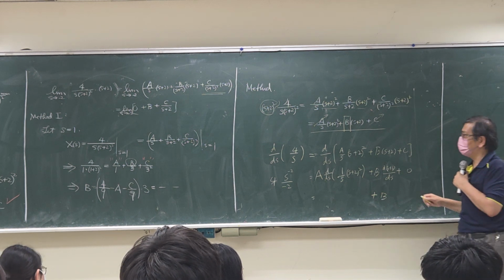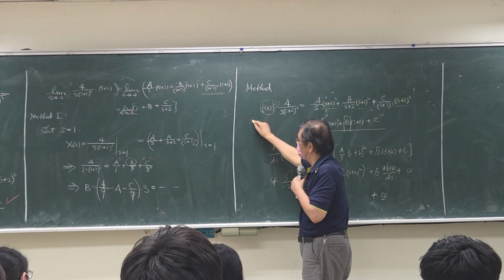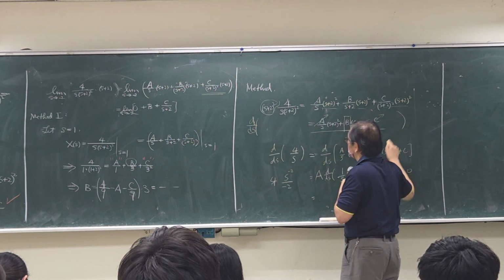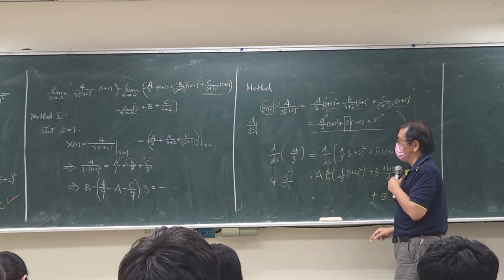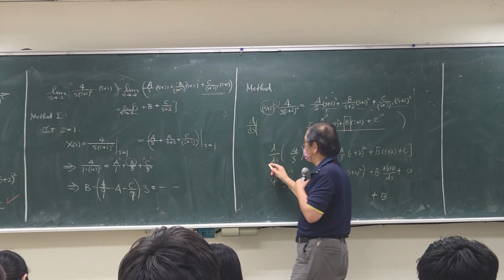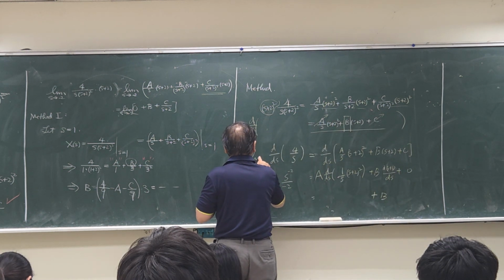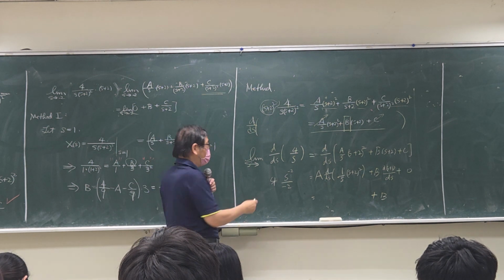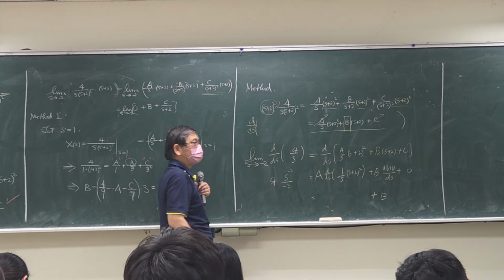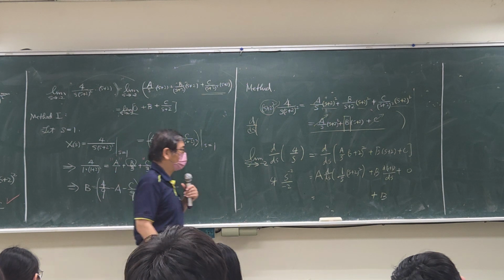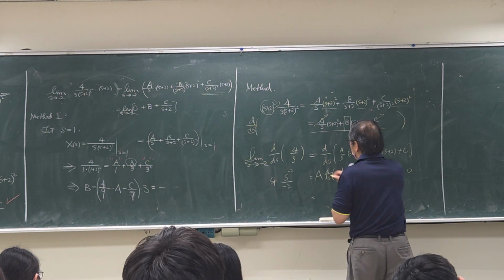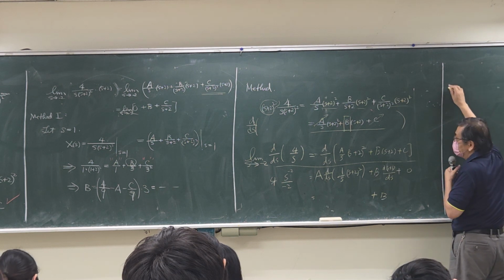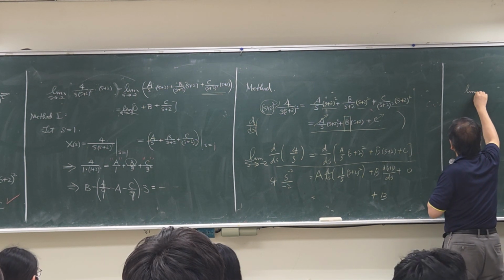We simply differentiate the entire quantity with respect to S. And then we let S approach negative 2. See what happens. Okay, so let's go back to this step. So the left-hand side is the limit.